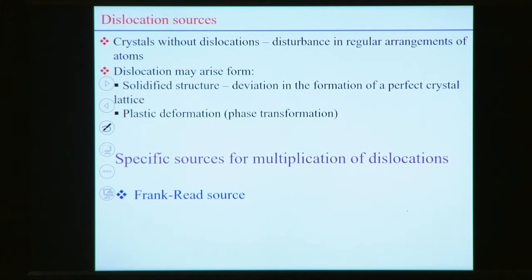In the solidified structure there is a deviation in the formation of the perfect crystal lattice, so when a solidified structure forms, there is automatically at least some amount of dislocation within the structure itself. Then dislocations can be incorporated through plastic deformation, and even solid state phase transformation and second phase particles introduce some amount of dislocation within the microstructure.